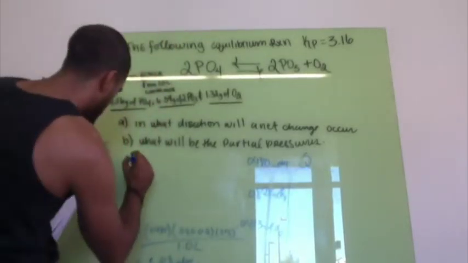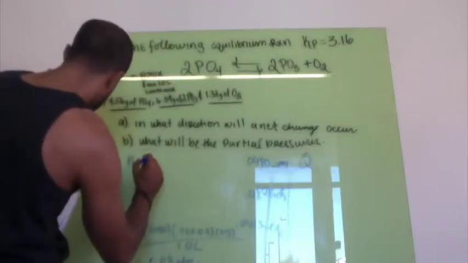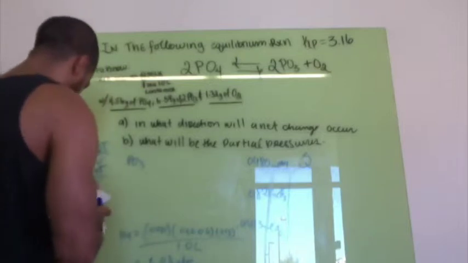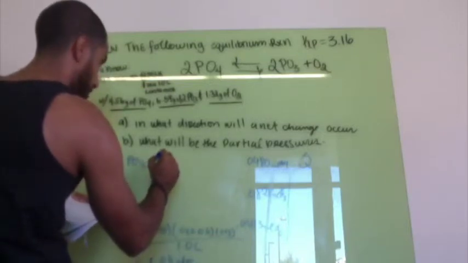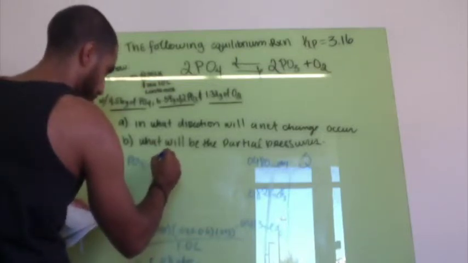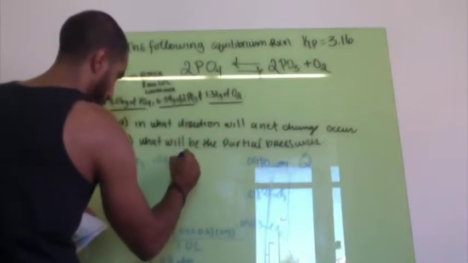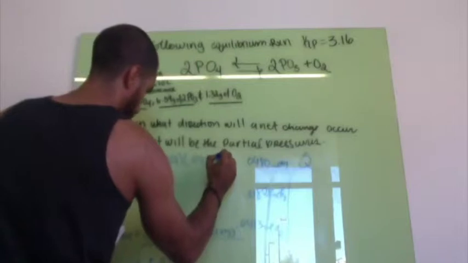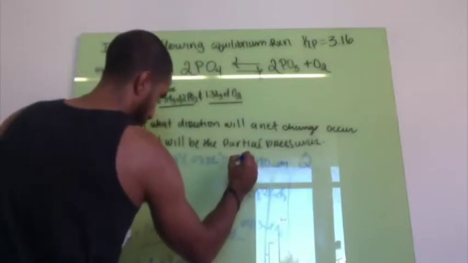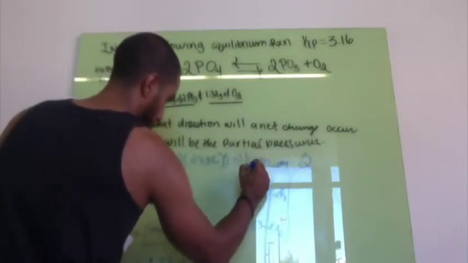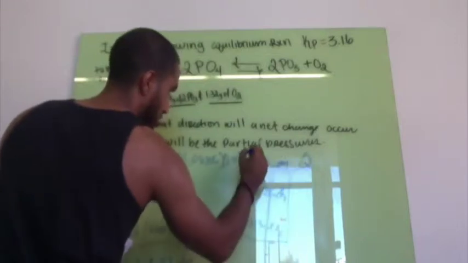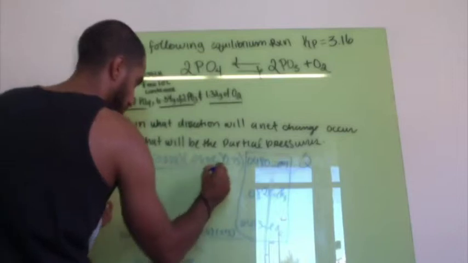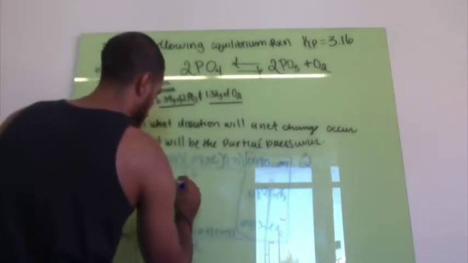So for PO3, we have a concentration of 0.0828 times 0.8206 times 273, all over 1 liter.